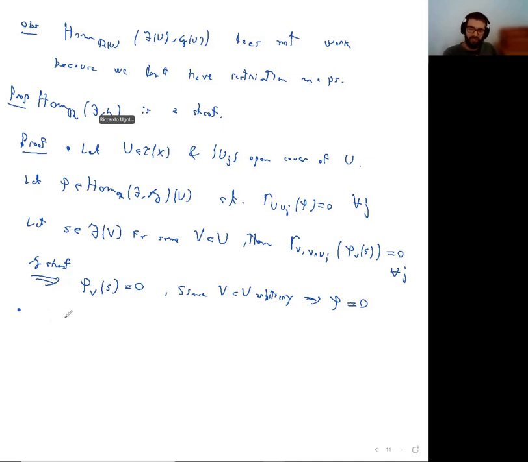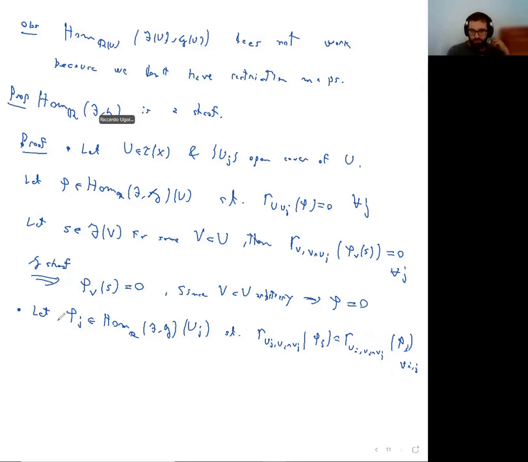If you have things which are the same locally, then you can glue them to a bigger section. So we take a collection phi_j, and each one of them lives in its own little ring. But we assume that they match on intersections, for every i and j. Okay. So we need to define the gluing.